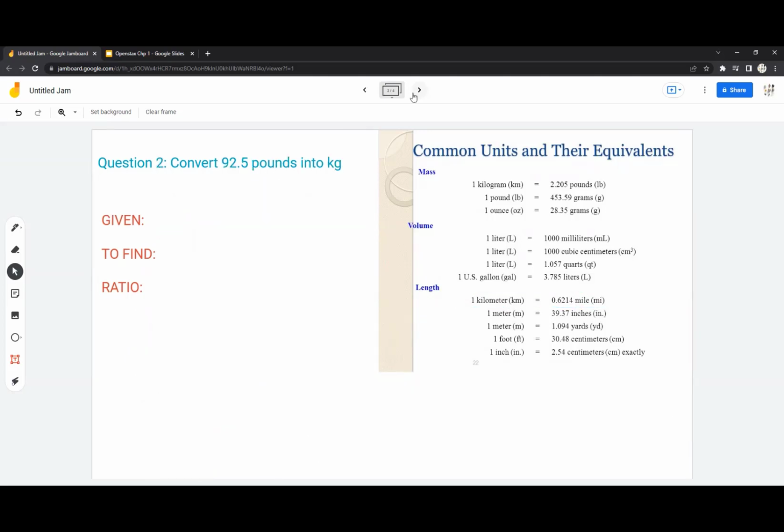So our second question is convert 92.5 pounds into kilogram. Pause this video and see if you're able to extract the given and to find. Those should be easy steps. Then go ahead and see if you can find the ratio. Is there anything in mass that gives you a relationship between pounds and kilograms?